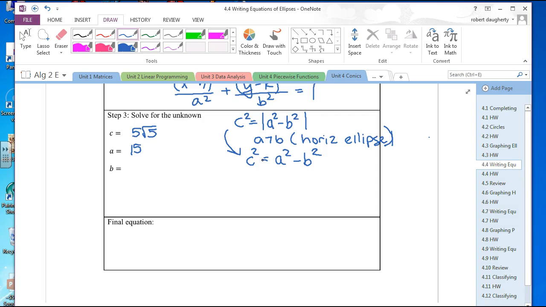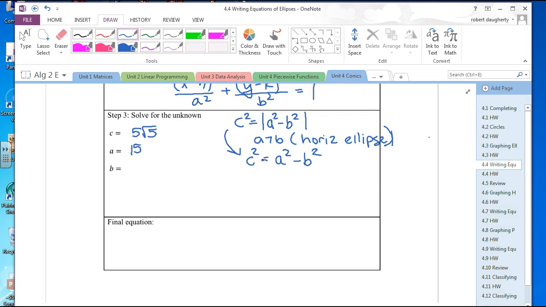So that's where you've got to put in a little bit of thought if you want to get rid of these absolute values. To get rid of the absolute value on a positive number, no big deal, just erase them. Absolute value of 5 is 5. But if I know this is a negative number, absolute value of negative 5 is the negative of negative 5. So if I know this is a negative number, I have to flip this around to be B squared minus A squared. Okay, so that's the part where you've got to put in a little bit of thought to make it happen.